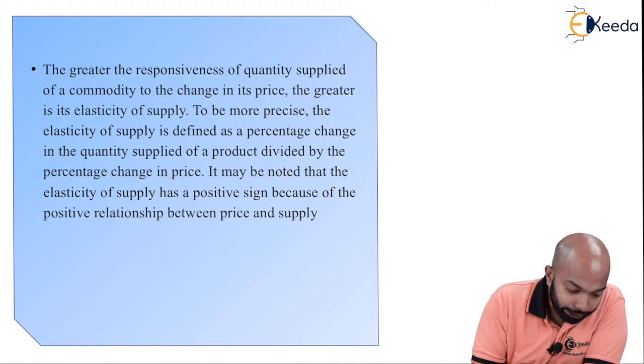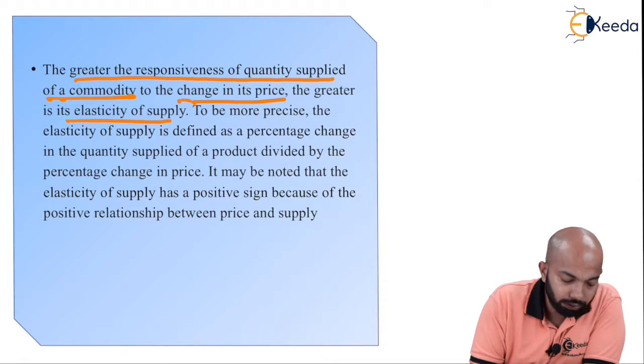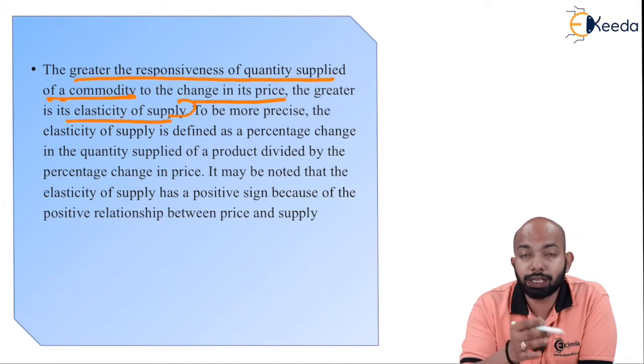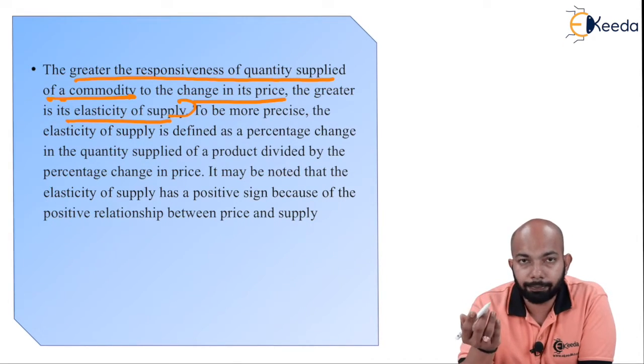The greater the responsiveness of quantity supplied of a commodity to the change in price, the greater is the elasticity of supply. So the higher the change in the magnitude of supply because of the change in price, the higher the elasticity, that is greater than 1.